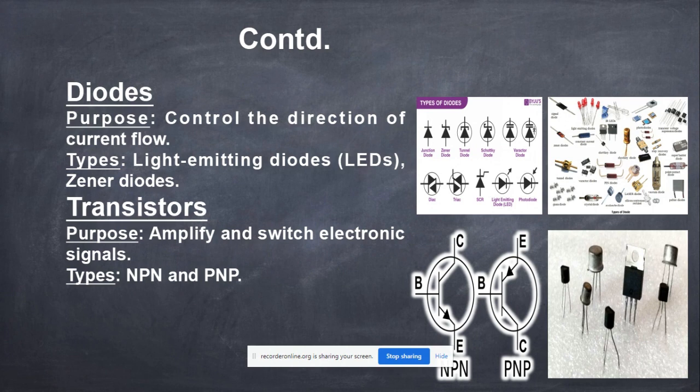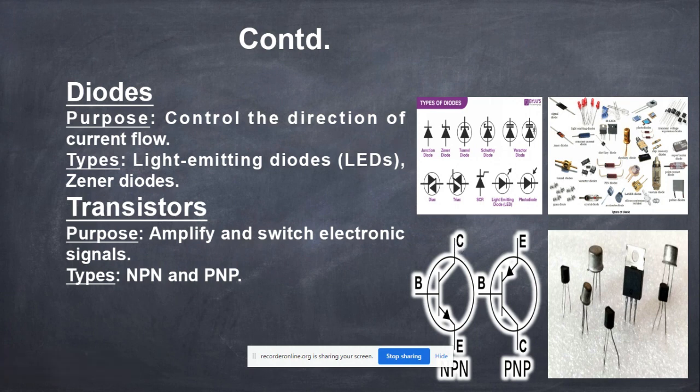Another one is types of transistors. Professionals classify transistors as NPN and PNP. As you see, this one is NPN and this one is PNP transistors. In the NPN transistor, the input is given on the collector side.